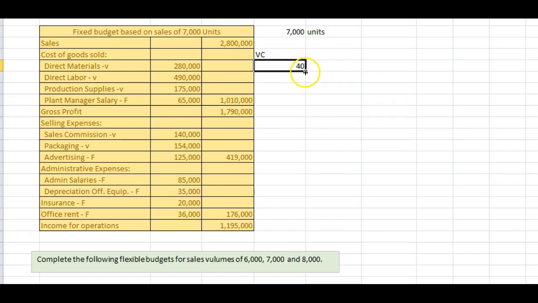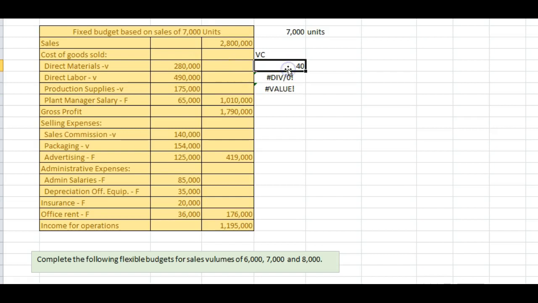Now, I can just copy this down because I have variable costs for the next two. Oh, guess what, guys? I did not, E3 needs to be anchored so that it doesn't move.